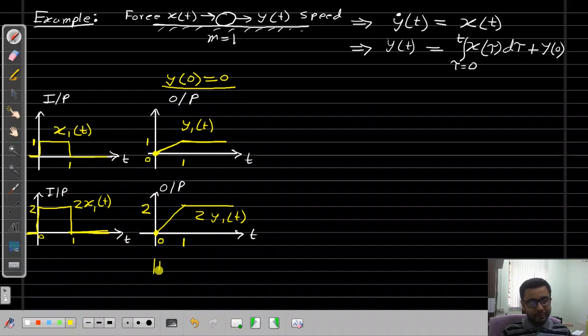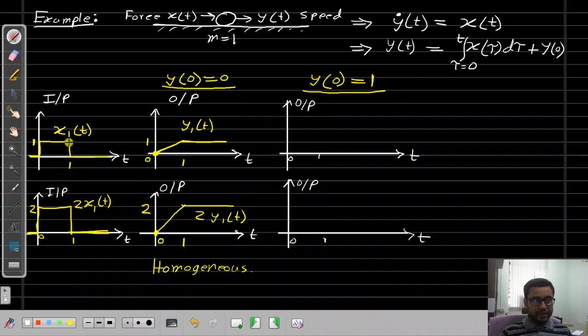So the system is homogeneous. However, if I did the same experiment with, say, initial velocity y0 equal to something non-zero, like 1, then what will happen? Let us see that.